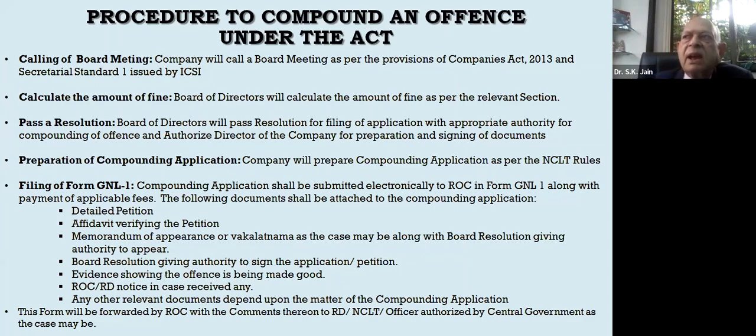Now, at this stage, I would like to say, if there is a company and officers in default, that means KMP, the whole-time director, managing director, company secretary, etc., or any other person who is to file a compounding application, a joint application can be filed by the company as well as by KMPs and other persons.